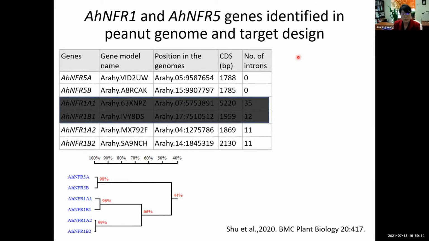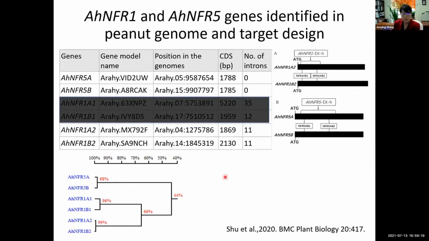So we excluded it from the CRISPR-Cas9 experiment. We just focus on these 2 pairs and design the targets of NFR1. We designed 2 targets, and both were trying to knock out both homologous copies because the sequence identity is so high. So we have both copies knocked out in one of the experiments for NFR1 and also for NFR5. We also designed 2 targets to knock out both homologous copies.